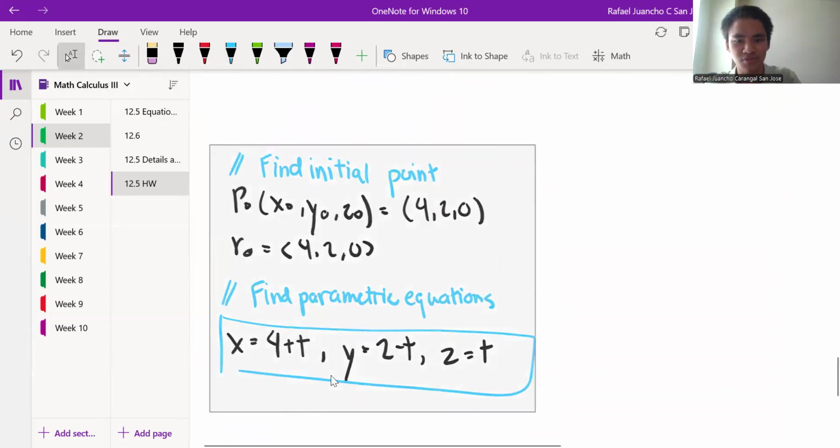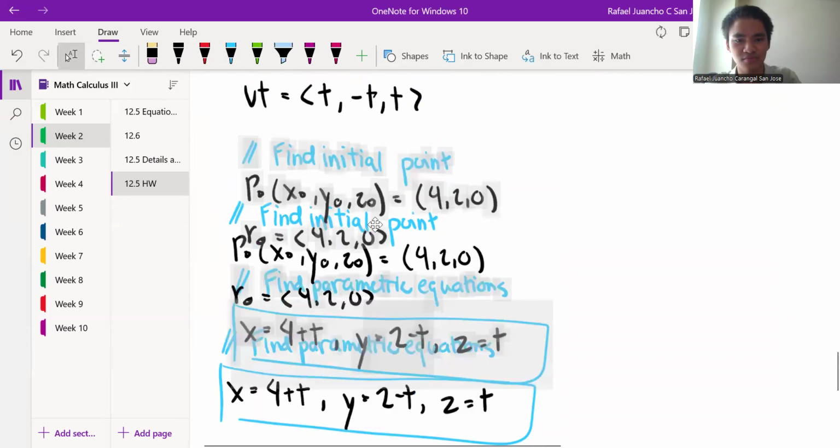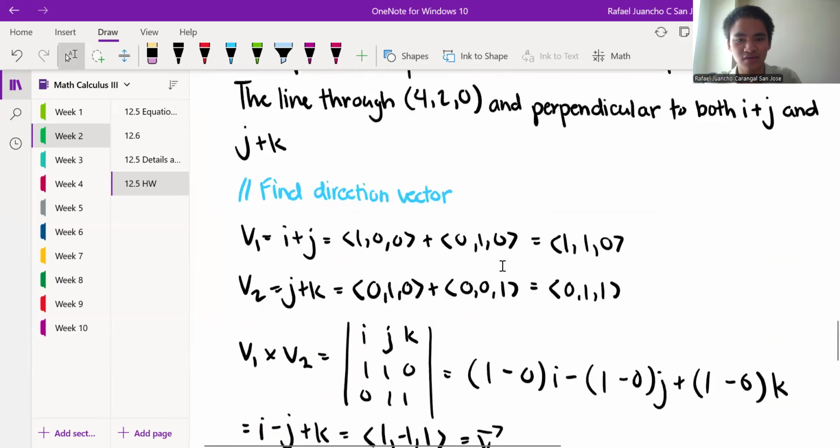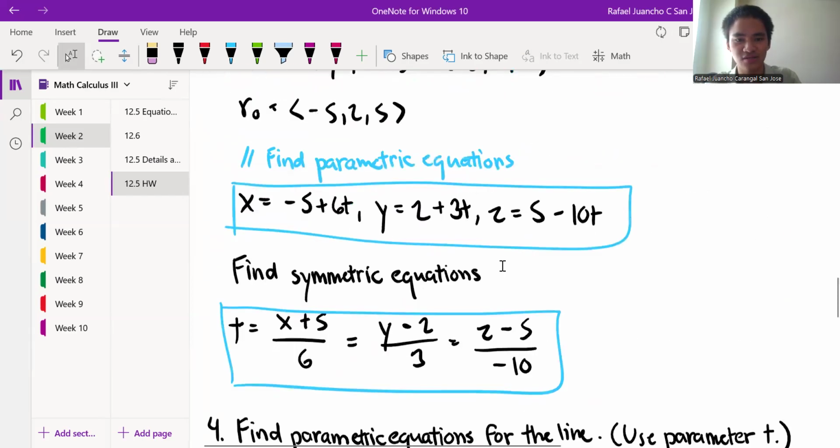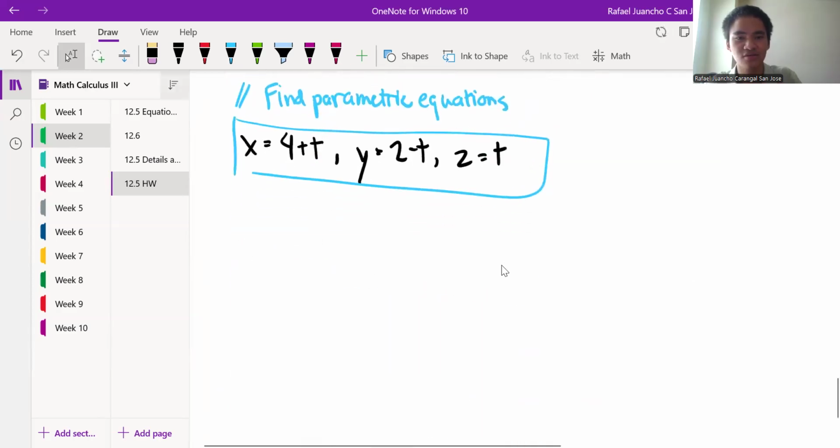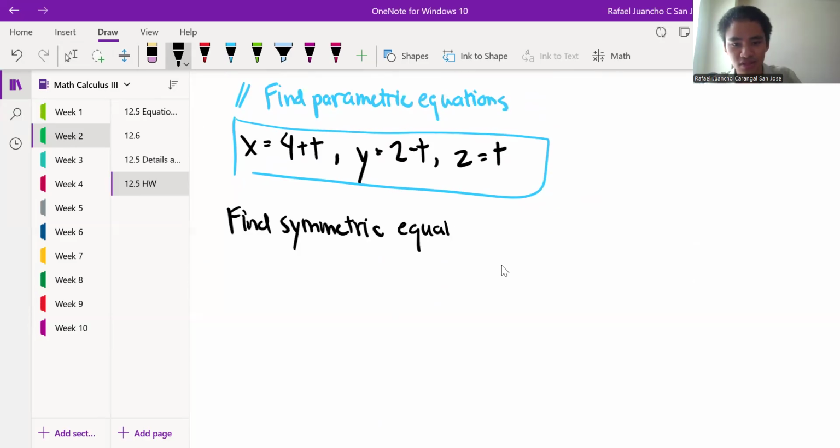I'm gonna put this a bit up. Okay. And from there, we want to find again our symmetric equations. So let's do that. Now we just plug in what we know. So we have t is x minus 4 over 1. So that's just x minus 4.